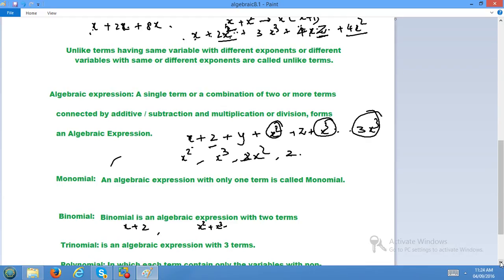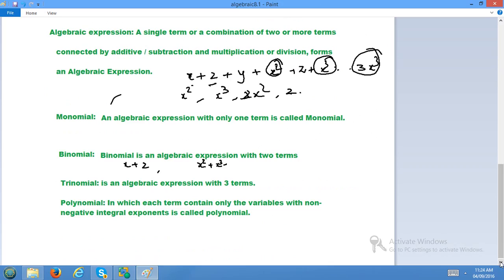Monomial means a single term. It is not just a single alphabet or a single variable. It can be x cube also. If we say 2x cube, it is a monomial. This 3 is called the power, or exponent.